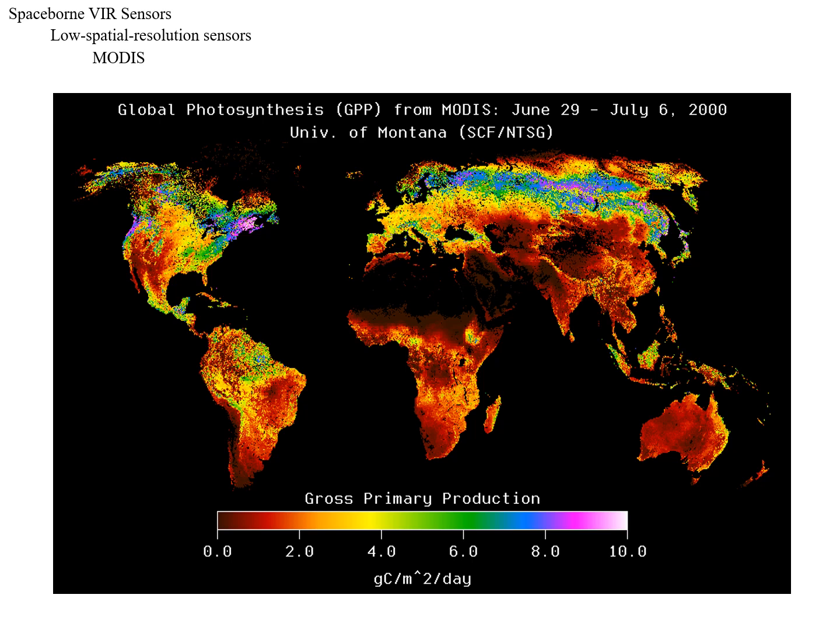More complicated products are created from MODIS. This is a global photosynthetic productivity map created by the University of Montana. And basically what it's saying is how many grams of carbon are being created within the leaves of plants per meter squared per day.